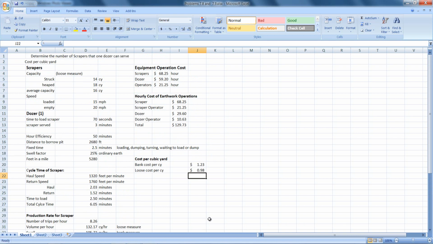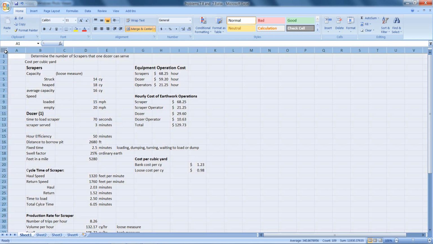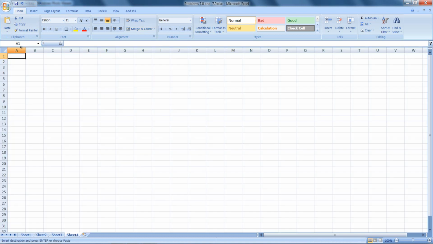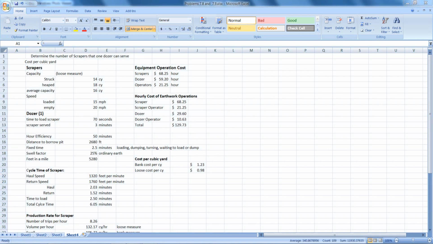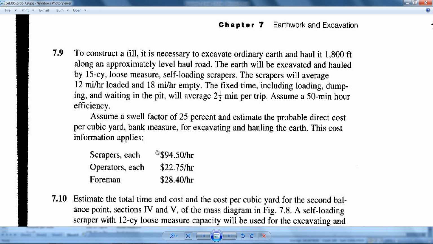So now let's take a look at this. I'm going to just set up a new sheet, and I'm going to copy this formula, and we're going to look at problem 7.9. So let me just copy this, and we'll paste this over here. So let's take a look at 7.9. 7.9 is similar.